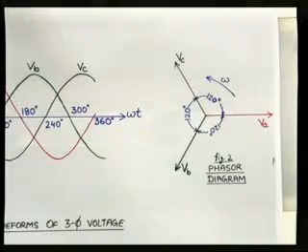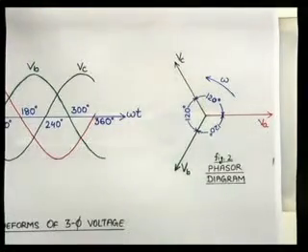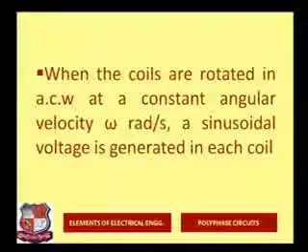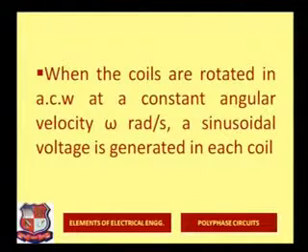So what did we see? That when the coils are rotated in the counterclockwise or anti-clockwise direction at a constant angular velocity of omega radians per second, a sinusoidal voltage is generated in each coil.